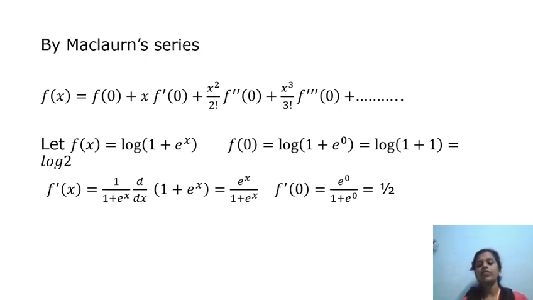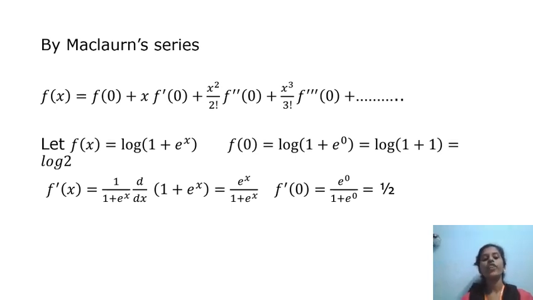Here d by dx of 1 is 0 and d by dx of e power x is e power x. So we get e power x by 1 plus e power x. Then f dash of 0 equals, we replace x with 0. Then we get e to the power of 0 by 1 plus e to the power of 0. e to the power of 0 value is 1, divided by 1 plus 1 is 2. So the answer we get is 1 by 2.